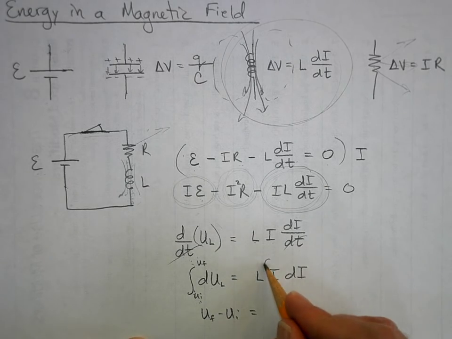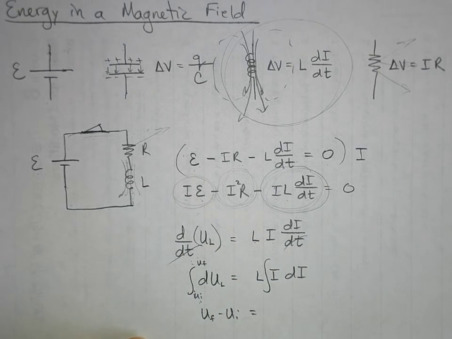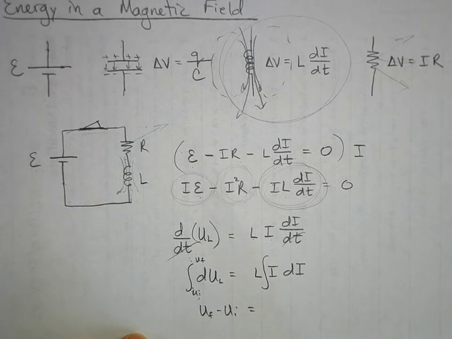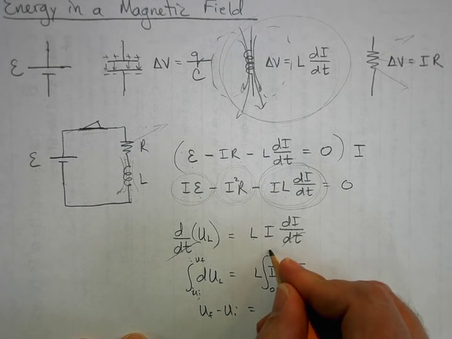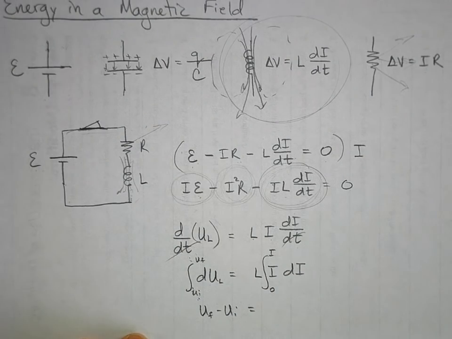Well, you guys, this is pretty easy to integrate, isn't it? Now let's suppose that the initial current is 0, and this is going to be whatever our current is at some time t. And so this becomes L. Well, what's the integral of I dI?